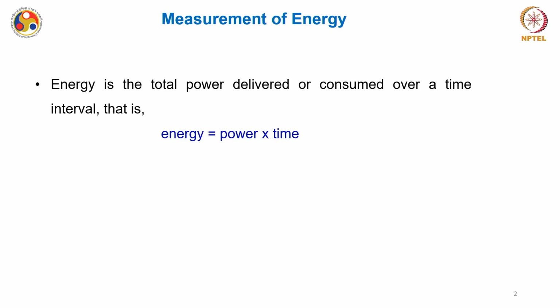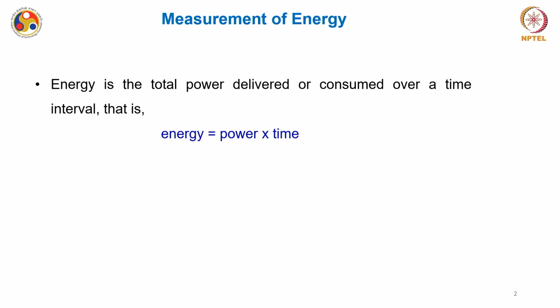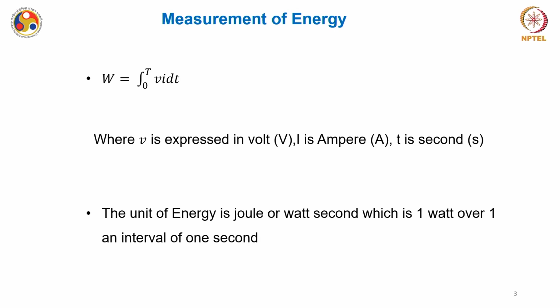So, we were discussing the energy meters and we discussed that energy is the total power delivered or consumed over a time interval, or we have defined that energy is equal to power into time. And in a more specific way, if there is a meter which has to measure the energy, it should be fed with the voltage and current in volt and ampere, and it will integrate it over a certain time period to calculate the energy.